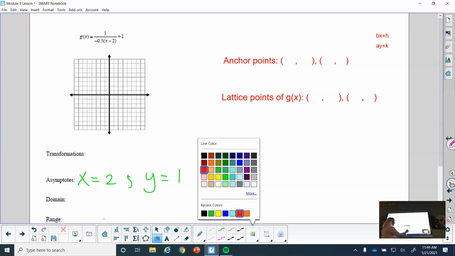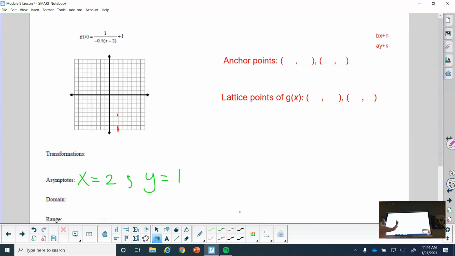So when we go to graph these, +2, +1, okay, and then let's talk about what happens with these transformations. You have a -1/2 at the bottom, which means, first of all, the negative in the bottom, that is a reflection.